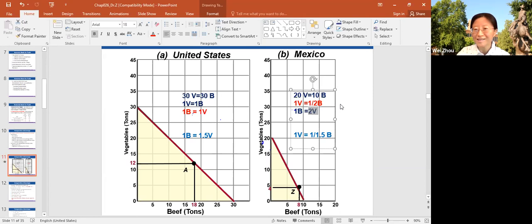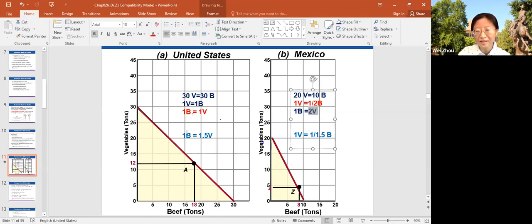So if they're going to trade, one beef must exchange for some vegetables between 1 and 2. Let's use 1.5. So one beef exchanges for 1.5 vegetables.